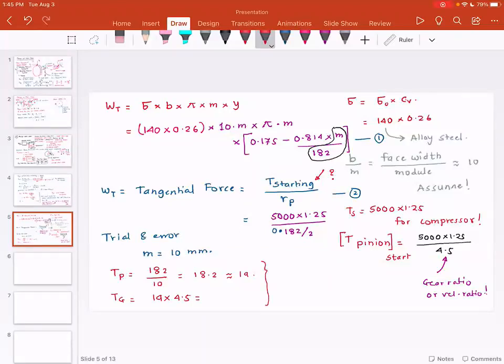These numbers need to be whole numbers, so you need to round them off. The number of teeth, fractional, is not possible.